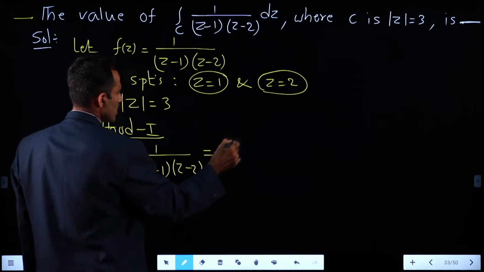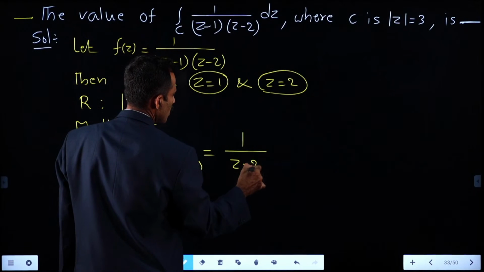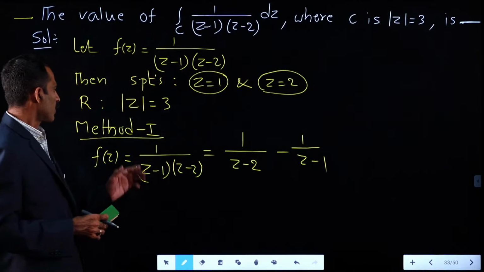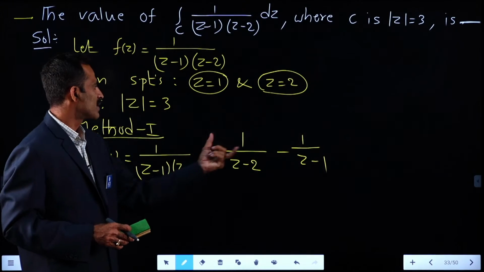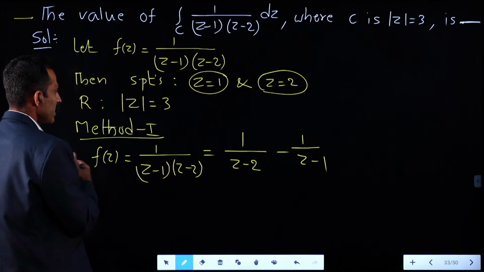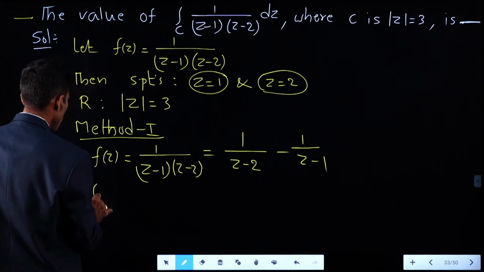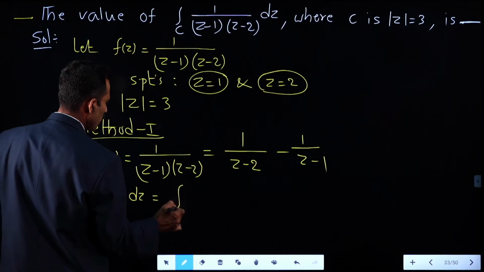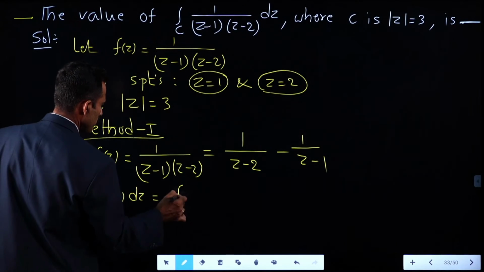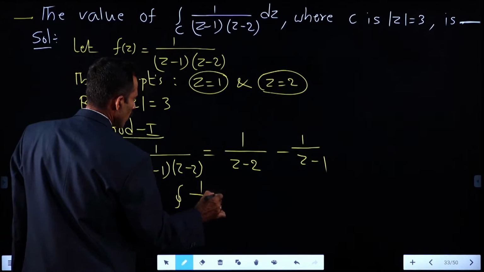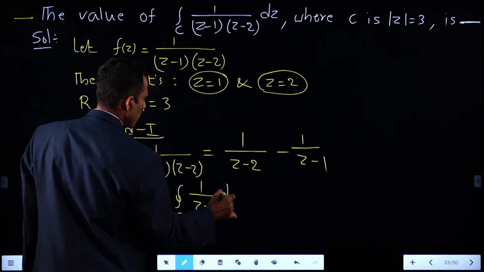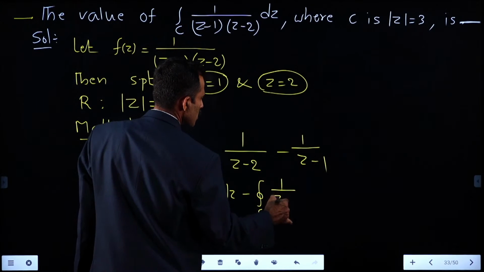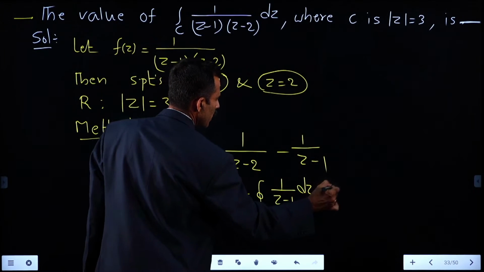Its partial fractions are 1 by z minus 2 minus 1 by z minus 1 only. After splitting into partial fractions, we'll have simple functions like this only. Now we take the integration on both sides. Integral of f of z dz equal to integral over c 1 by z minus 2 dz minus integral over c 1 by z minus 1 dz equal to.